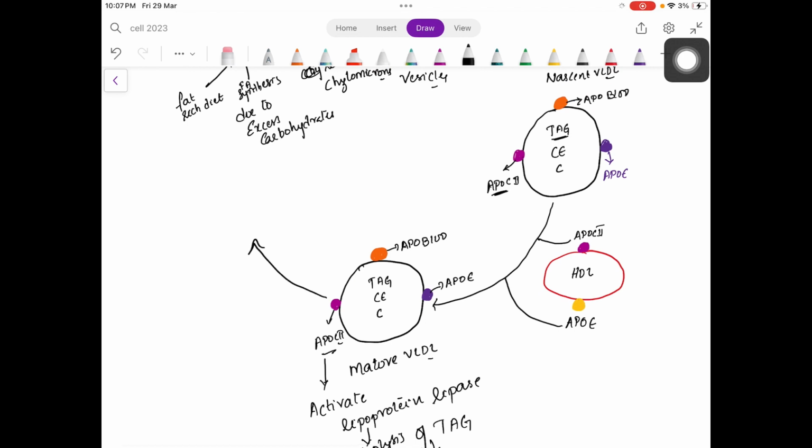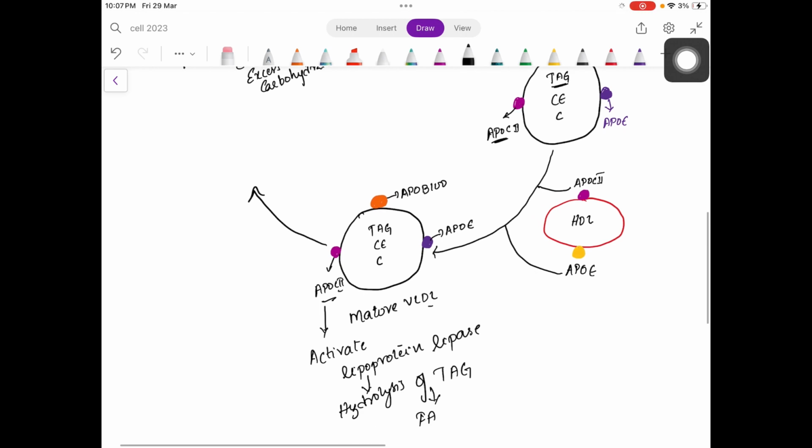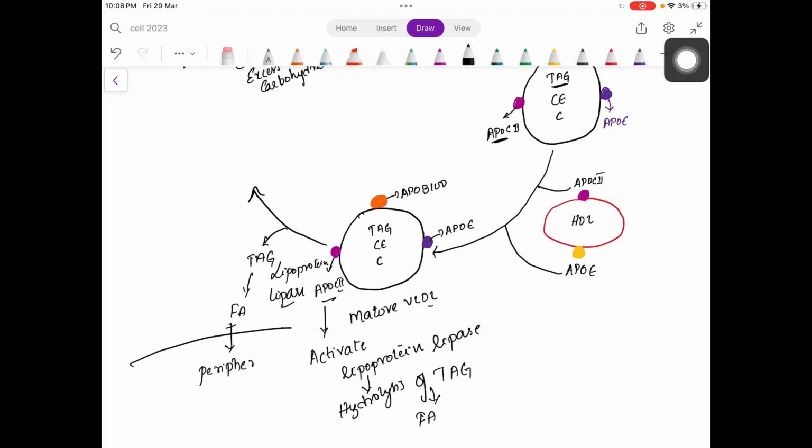Now, these mature VLDL will release triacylglycerol, and these triacylglycerols are broken up into fatty acids by the lipoprotein lipase, which is activated by ApoC2, and these fatty acids are taken up by the peripheral tissues.